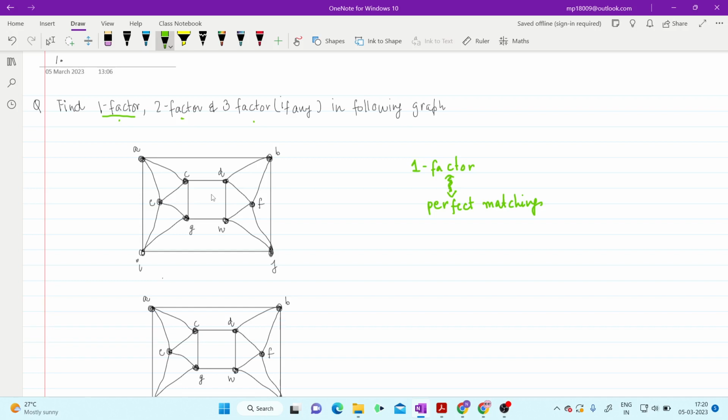So the question is that we are given this graph G. A part is to find a one factor, B part is to find a two factor, and C part is to find a three factor, if it exists.